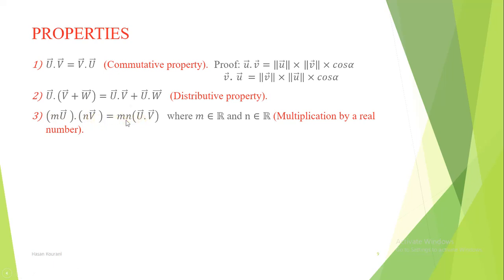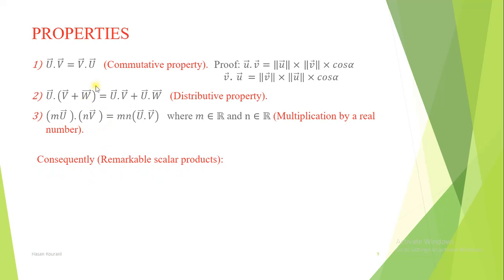As a result, we get mn times (u dot v). Let me remind you that u dot v is scalar valued, meaning it is a real number, and also mn is a real number. Okay, don't miss these three properties, which are very useful in our exercises.